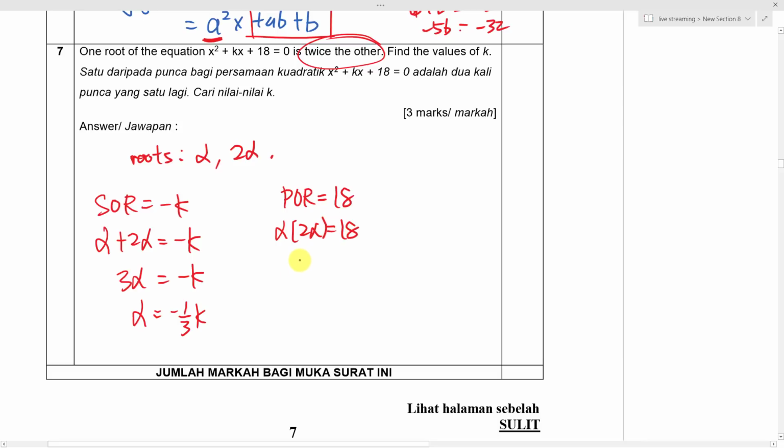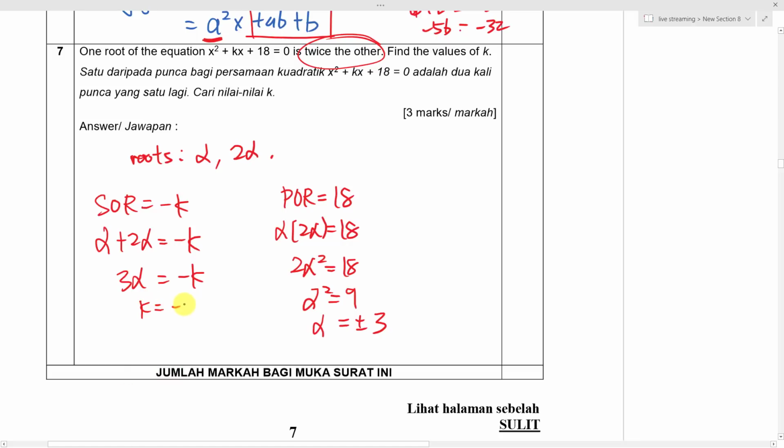Oh, actually we can get alpha easily here, right? 2 alpha squared equals 18, alpha squared equals 9, alpha equals positive or negative 3. So we need to sub in both positive 3 and negative 3. Then I don't want to make alpha the subject.